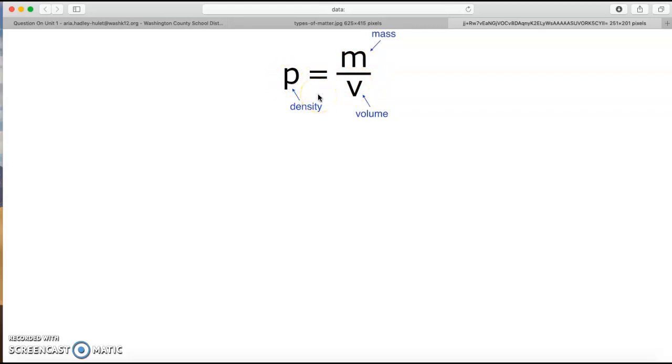This can go the other direction as well. If I double my sample size, my mass would be twice as much, but my volume would also be twice as much, so the ratio between the two would stay the same, and so the density would stay the same. It didn't matter when the sample was half as much or the sample was twice as much, the density remained the same, and that's what makes it an intensive property.